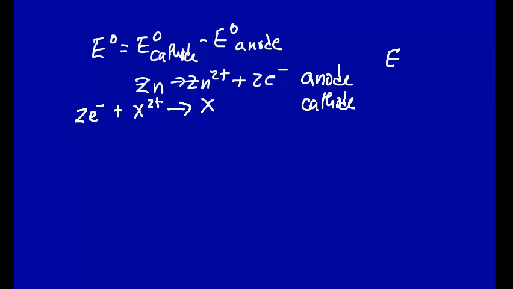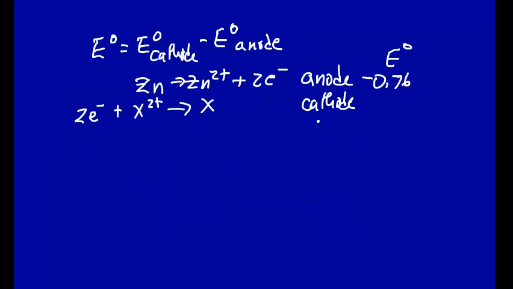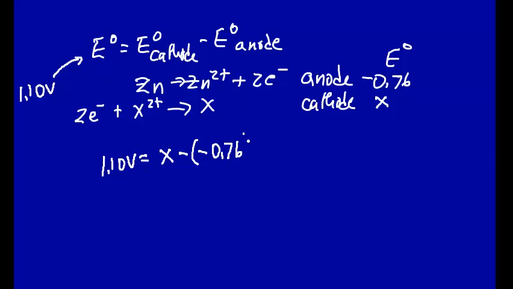So look at the E0. E0, standard cell voltage for zinc, was given in the problem. It's minus 0.76. I think that was a minus sign there. Yeah, there it was, minus sign. The cathode, we don't know what that is. Let's give it the symbol X. But we know what E0 is from the problem. That was 1.10 volts. So just let's put that down here, 1.10 volts equals E cathode, we don't know what that is, minus E anode, minus 0.76.